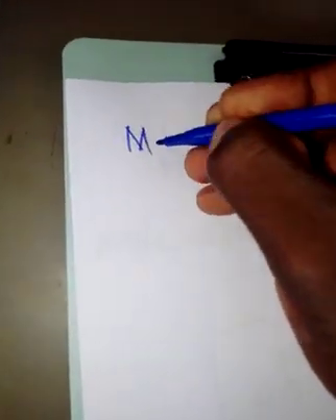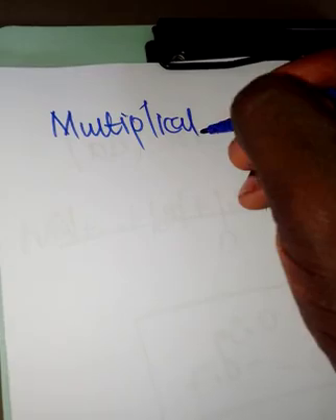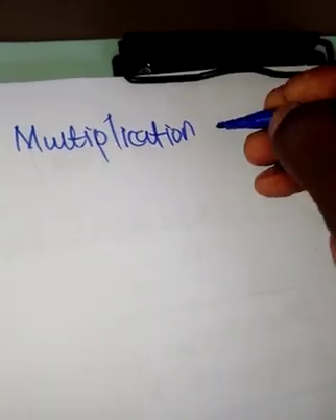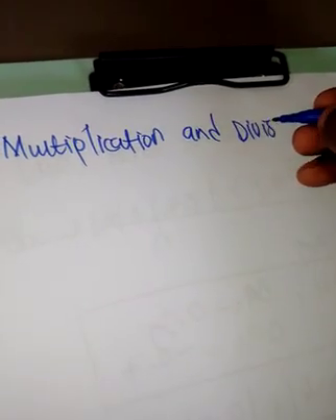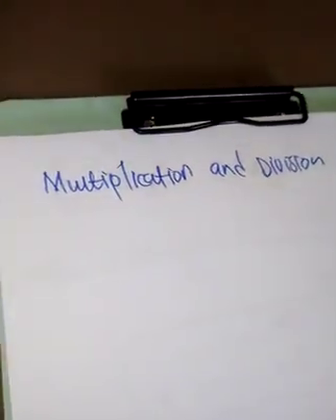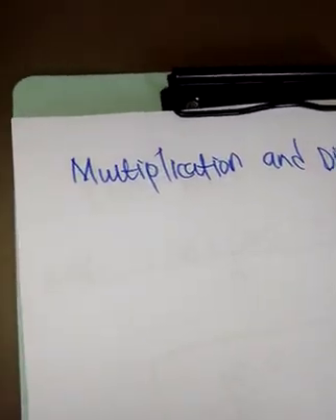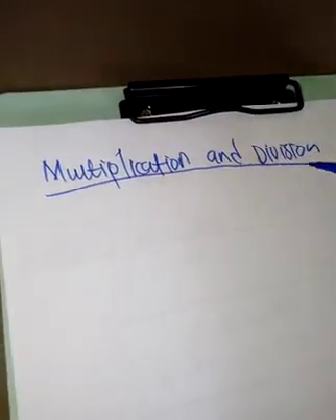Then what about multiplication and division? Let's also talk about multiplication and division. For multiplication and division, you consider the least significant figures, different from addition and subtraction.